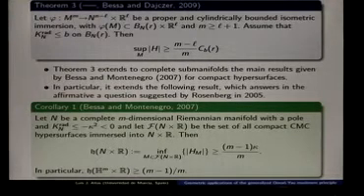And in particular, when N is the hyperbolic space, they obtain this bound, which was actually conjectured by Harold in 2005.